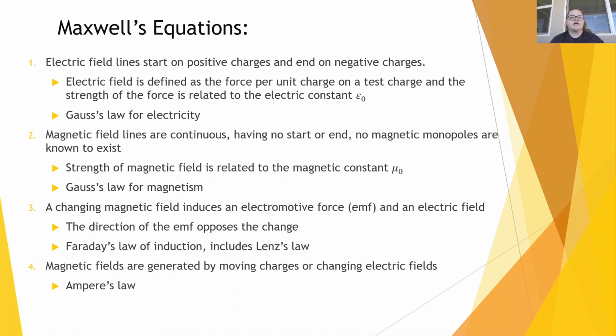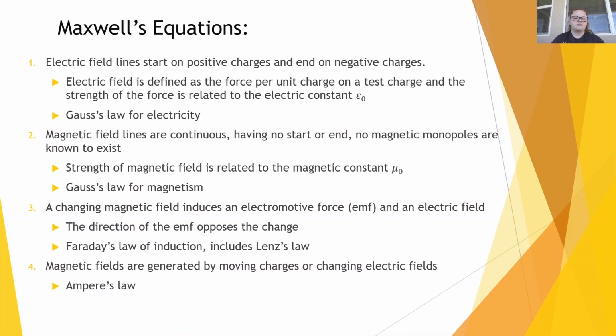The second one is Gauss's law for magnetism: magnetic field lines are continuous, with no start or end. No magnetic monopoles are known to exist, and the strength of the magnetic field is related to the magnetic constant, mu naught.